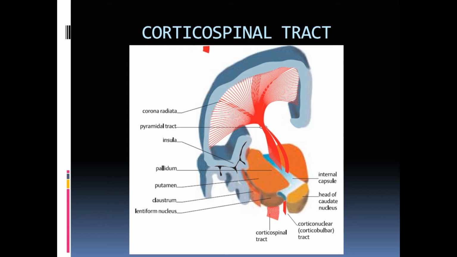That means of the axons which form this corticospinal tract, 30% come from cell bodies located in the primary motor area, 30% come from the premotor and supplementary area, and the rest, 40%, come from the somatosensory cortex, which is posterior to the central sulcus.